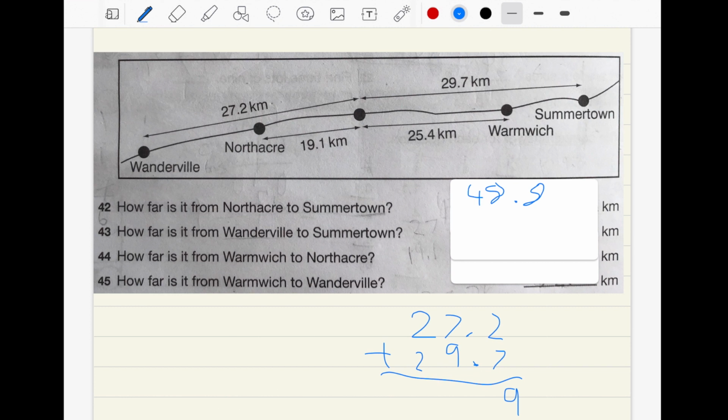Then 9 plus 7 equals 16. There's one carryover. And 2 plus 2 equals 4. And 4 plus 1 equals 5. Then we add this dot, and that makes 56.9. So Wonderville to Summertown is 56.9 km.